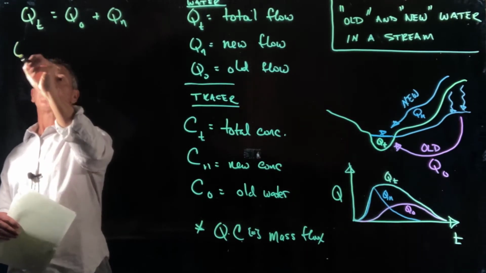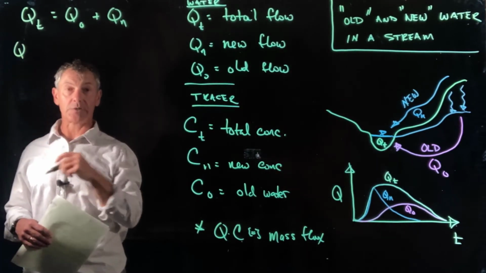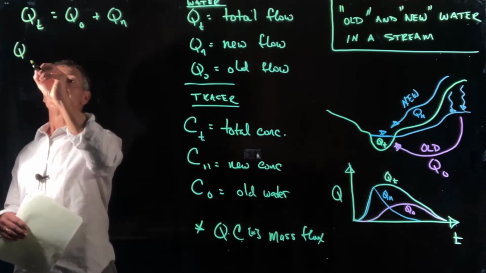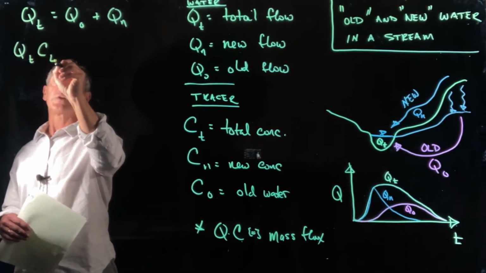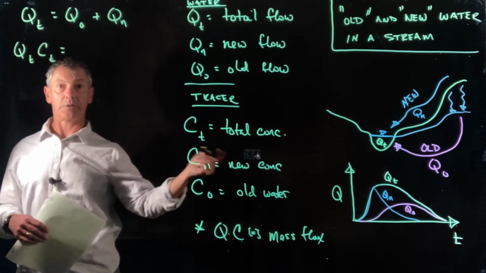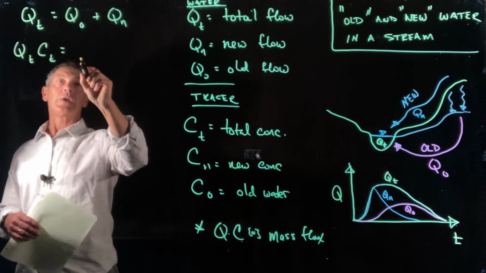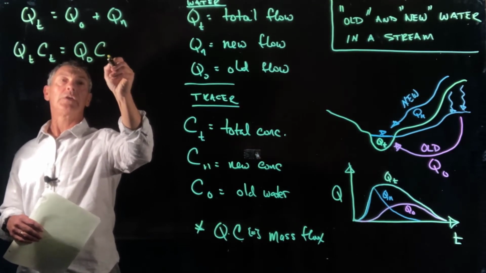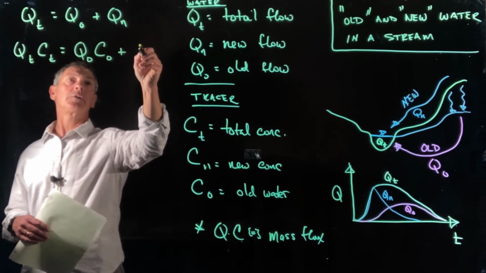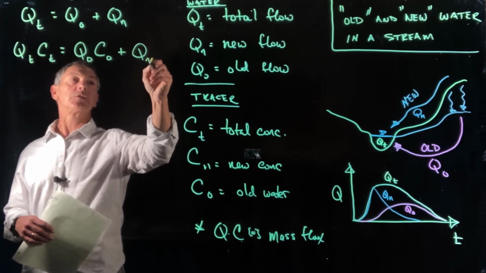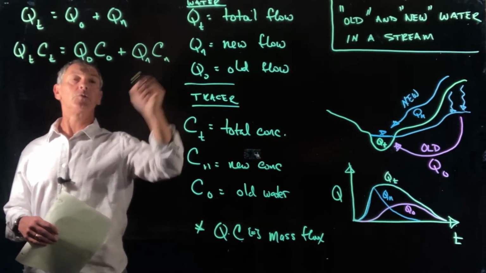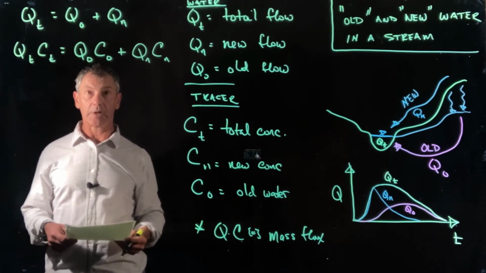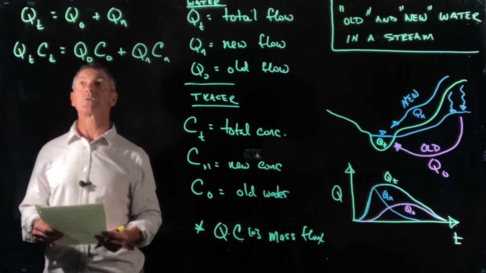And then we have the balance of the concentrations of the solute. In this case, we're assuming it's chloride, for example. So we have the total flow times the total concentration in the stream. And then we have the old water flow coming in and the concentration in the old water, plus the flow in of the new water times the concentration of the new water.